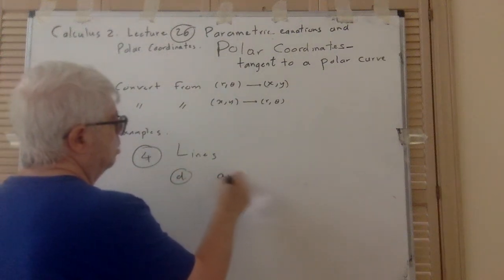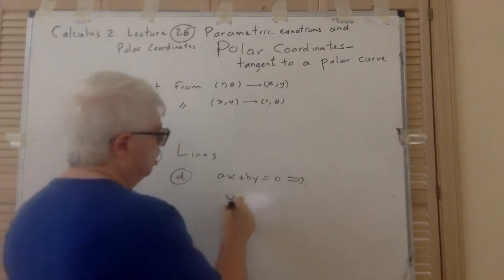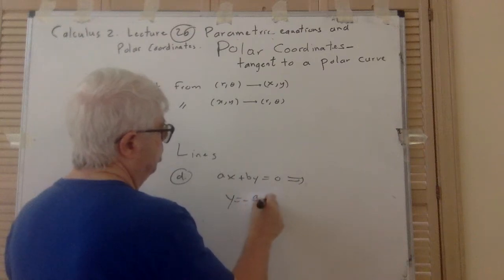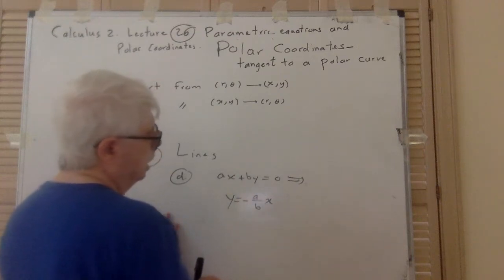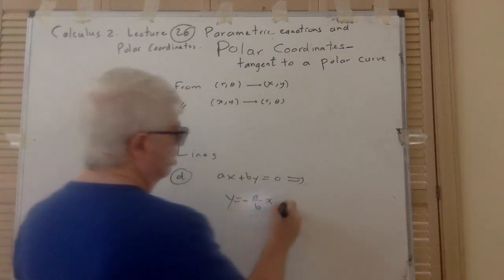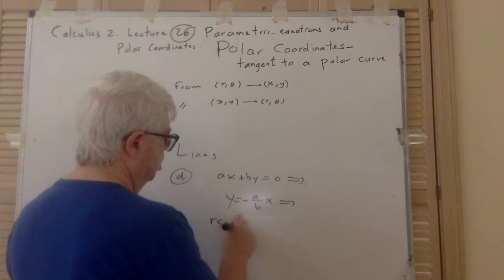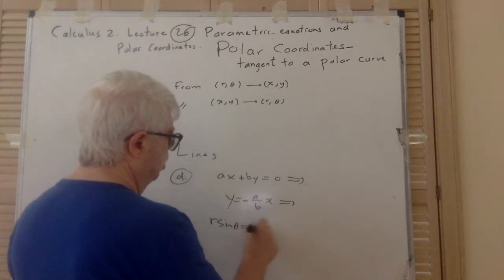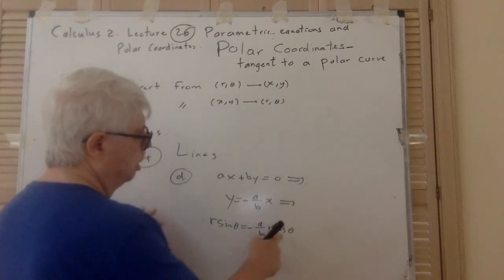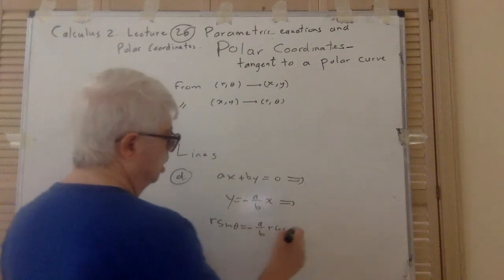What is ax plus by equal to 0? This gives me y equals minus a over b x. So what is this? If I write r sine theta equals minus a over b r cosine theta, and assuming that cosine theta is not 0, the r's cancel out.